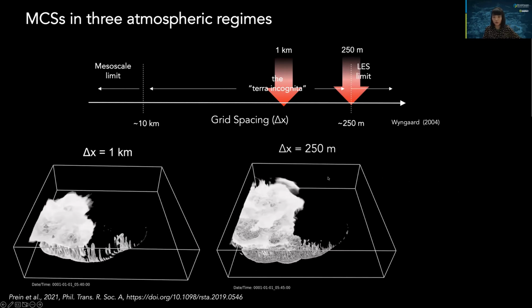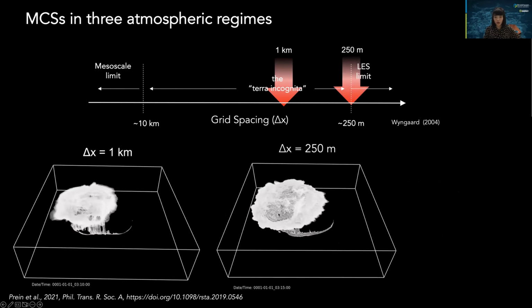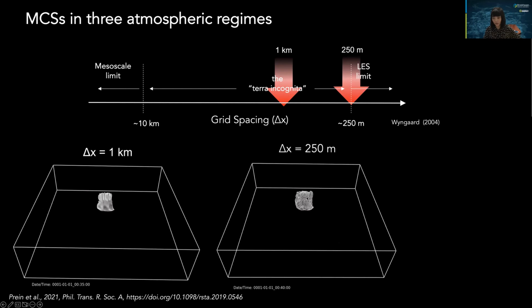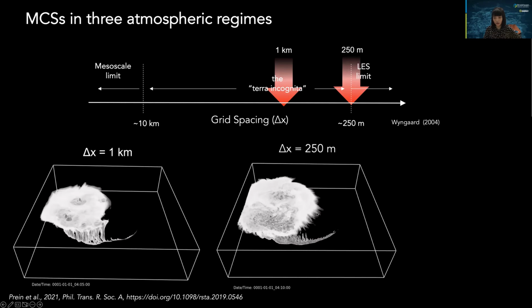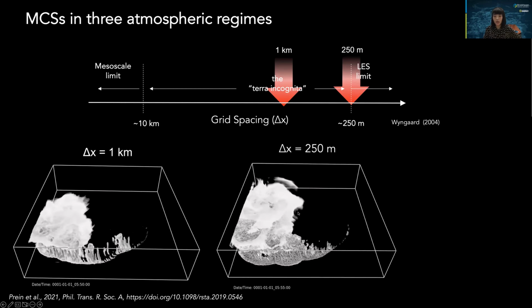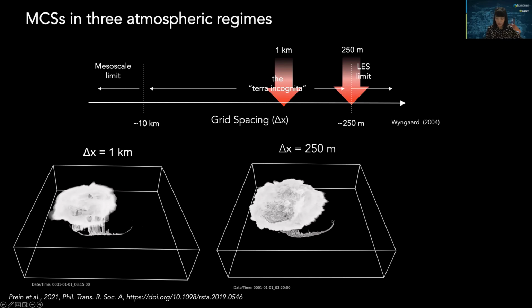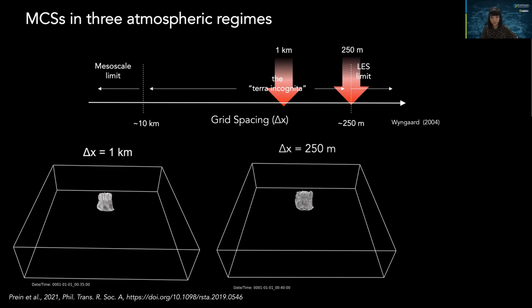And going down to LES scale, 250 meter resolution, you get detailed structures of updrafts, also those nice anvil spreading and detailed structures at the cloud edges, and a more continuous cold pool here. So we do see some benefits of using a high resolution model.